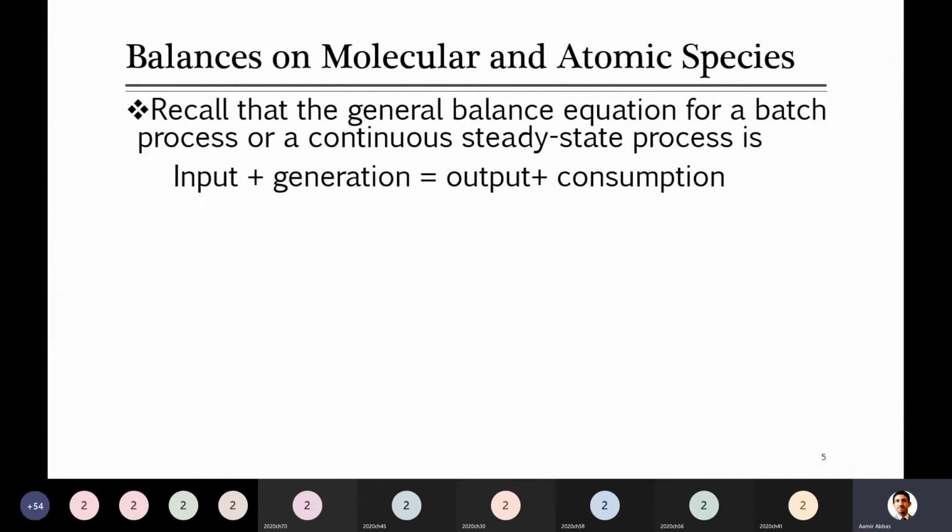Whenever it is steady state, accumulation is equal to zero, so you can rearrange the equation: input plus generation will be equal to output plus consumption. This is the equation from where we started.